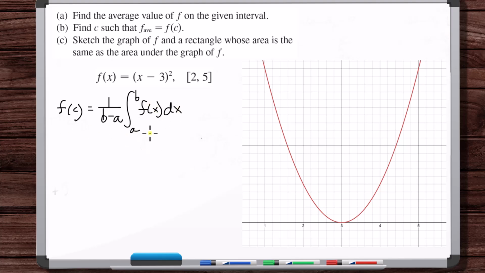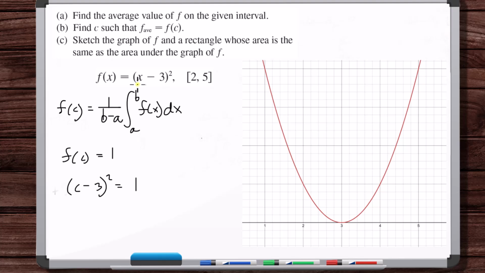That's what the theorem says, assuming that the function is continuous over the interval we're working with. Well, we just calculated this. This is 1. So what's the question asking us? Find this c. So all we need to do is this: (c minus 3) squared is equal to 1, right? The function evaluated at this number c is going to be equal to 1.